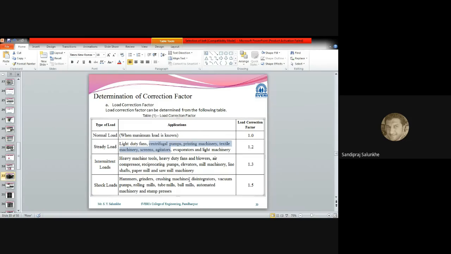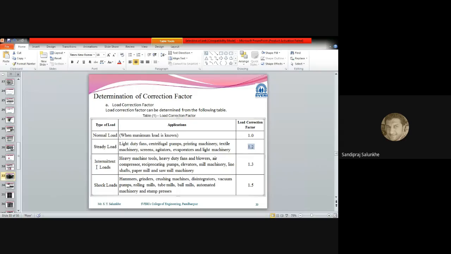In the problem statement, it will be mentioned that we have to select a flat belt drive for rotating the pulley of a centrifugal pump, and the motor power is this and all that. Likewise, in the problem statement they are going to mention the use where that drive has to be used. So this table will be available with you, and easily you can take this load correction factor.